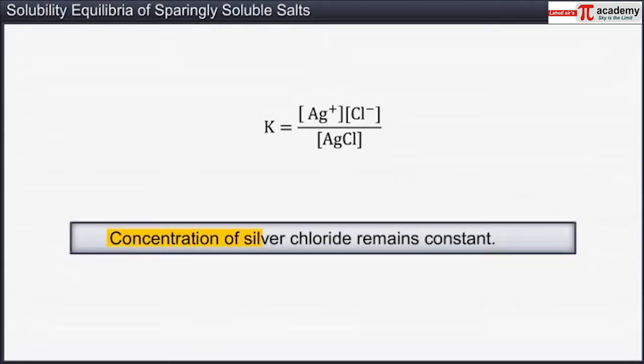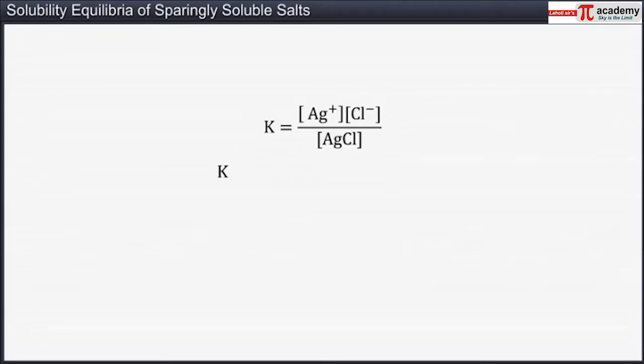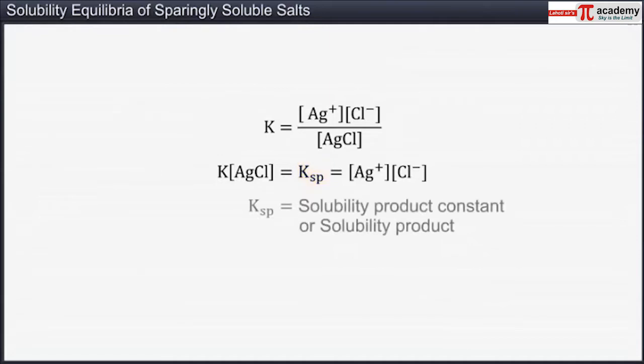As the concentration of silver chloride remains constant, the product of K and the concentration of silver chloride in the equation is represented by another constant called Ksp, which is the solubility product constant or simply the solubility product. Thus, the above equation reduces to Ksp equal to the product of the concentrations of silver ion and chloride ion respectively.